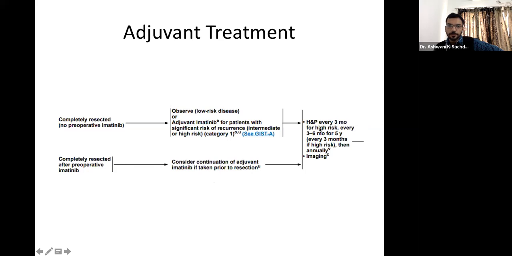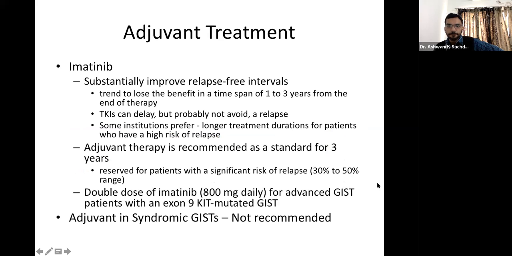Follow-up is to be done every 3 months for high risk tumors, every 3 to 6 months till 5 years, and then annually. Adjuvant therapy with imatinib is the standard of care. It substantially improves relapse-free survival, and there is a trend to lose the benefit within 1 to 3 years from the end of therapy.